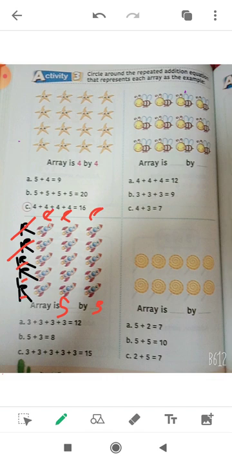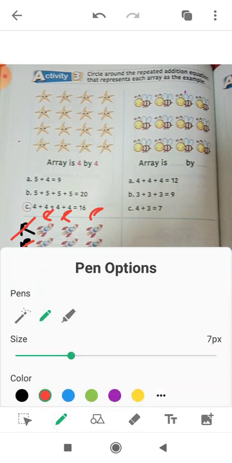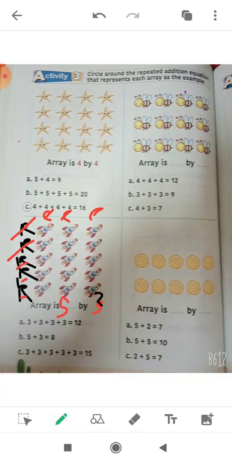This array is called 5 by 3. How many elements in each row? 1, 2, 3. So 3 plus 3 plus 3 plus 3 plus 3. 3 is repeated 5 times, so 3 plus 3 plus 3 plus 3 plus 3 equals 15.